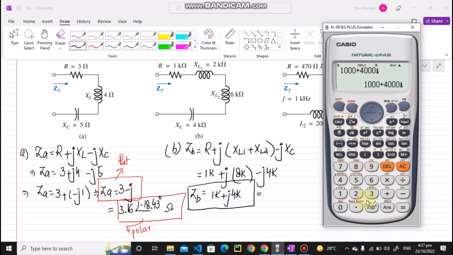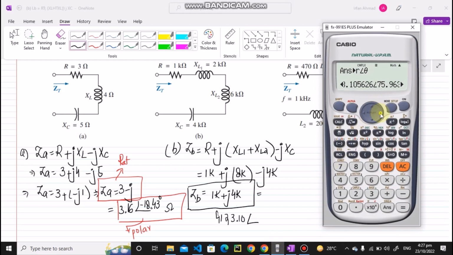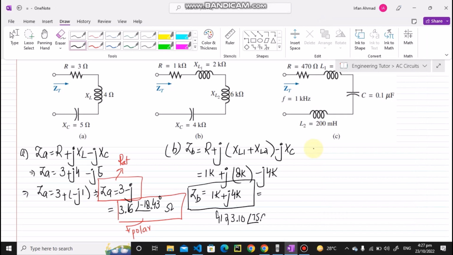Now converting it into the polar form, the magnitude is 4123.10 and the angle with it is 75.96 degrees. That is in ohm, and we can clearly see that this is the polar form. So both of these forms are now calculated.